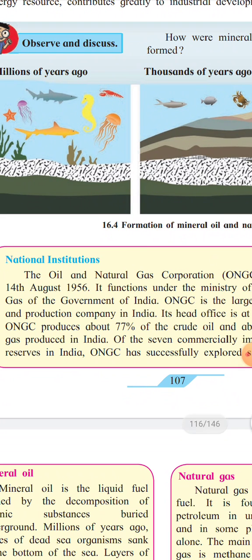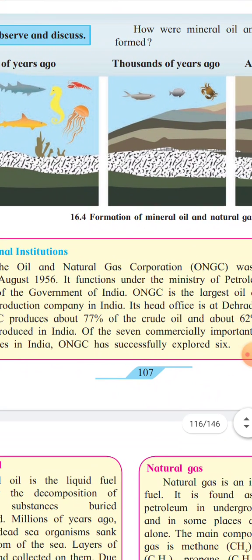National institution: the Oil and Natural Gas Corporation, ONGC, was established on 14th August 1956. It functions under the Ministry of Petroleum and Natural Gas of the Government of India. ONGC is the largest oil and gas research and production company in India.